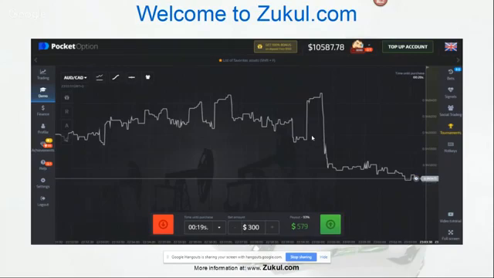So we're looking for opportunities to bet or guess, whichever term you want to use, which way the price is going to go. You can see here where the price is at the time when I took this photograph. It's about guessing whether the price is going to go up or down, and we would then click one of these buttons to make that bet, if you like.